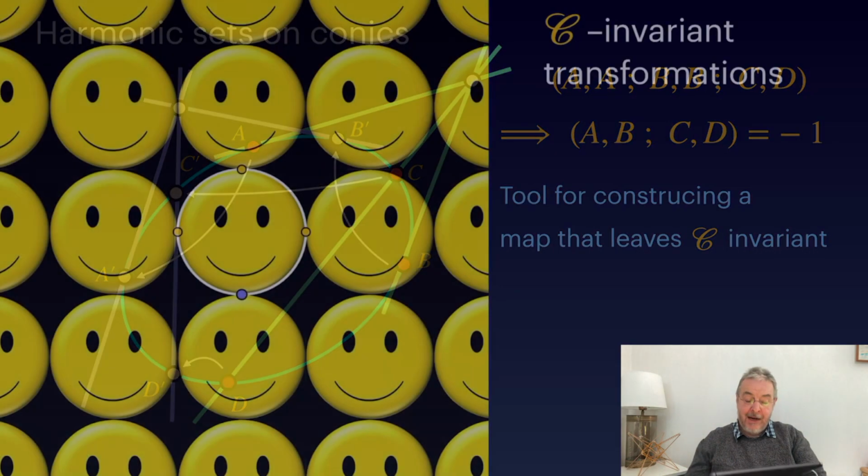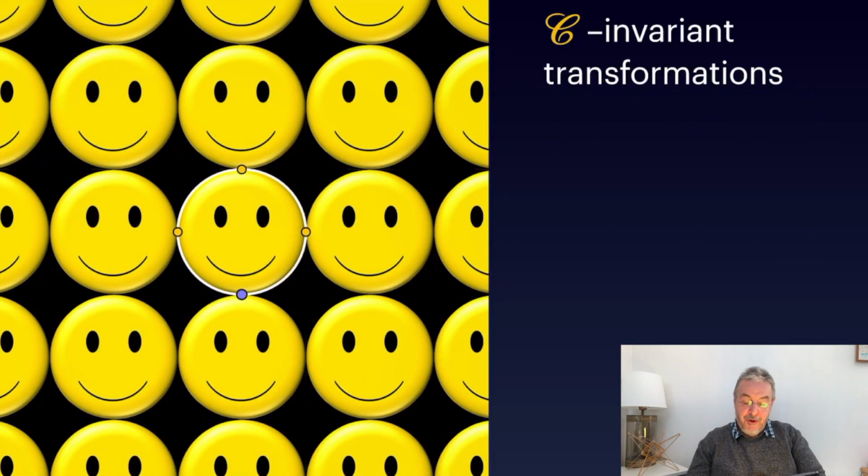Let me end here with a few pictures. So here you see a smiley, and the smiley has a boundary which is actually a circle. A circle is a conic, and here I have 4 points on that circle, and actually those 3 points I put at 3 positions here, and the last one is constructed by this harmonic construction.